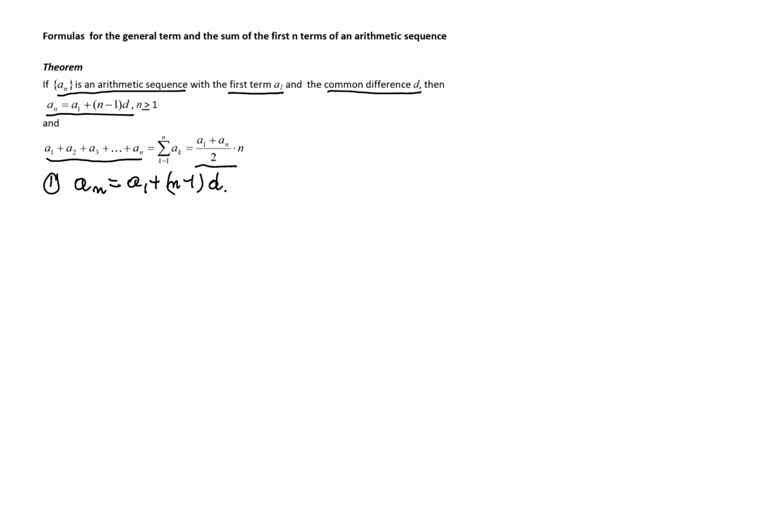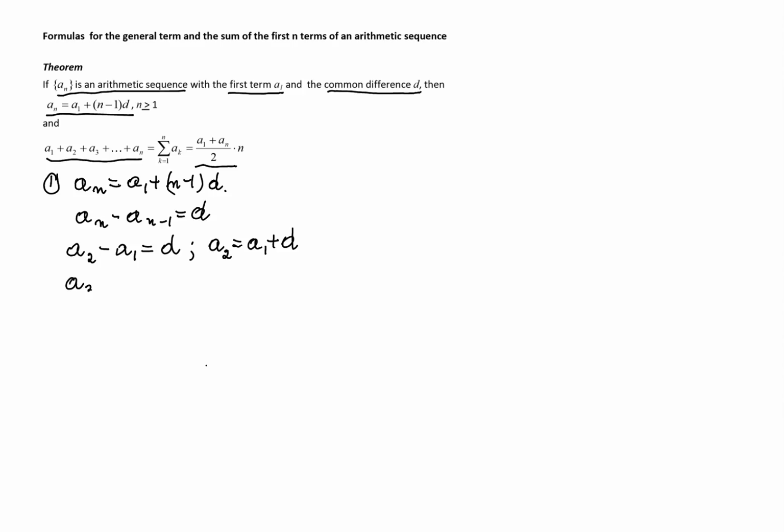We know that for an arithmetic sequence, a sub n minus a sub n minus 1 is always d. So in particular, if you take n equal 2, we'll have a sub 2 minus a sub 1 is equal to d, which can be rewritten, and we can solve this equation for a sub 2, and we'll have a sub 1 plus d.